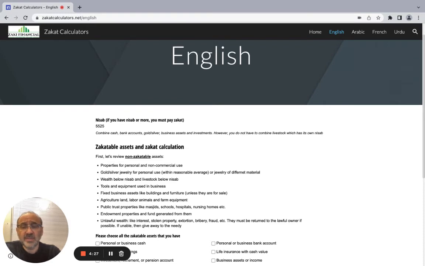As far as jewelry, most scholars are of the opinion that if it's gold and silver for personal use, you don't pay zakat. And you don't also pay zakat on any other type of jewelry that is not gold or silver. Now, some scholars say that you pay zakat on gold and silver jewelry.